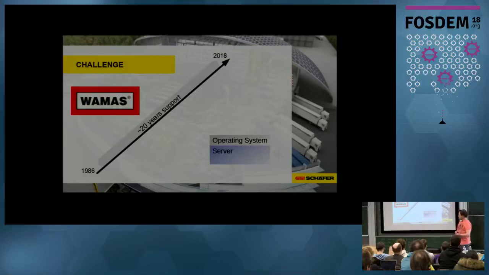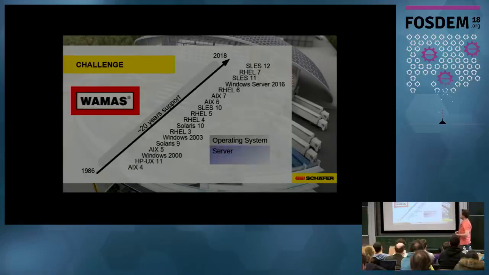Because of being a software, it does need an operating system to run on, which of course needs a server. The challenge here is, which operating system would you choose where you can provide 20 years of support for? Well, actually, within 20 years of software, and I'm working for a little more than 20 years already at SSE Schäfer, I have seen lots of different operating systems.